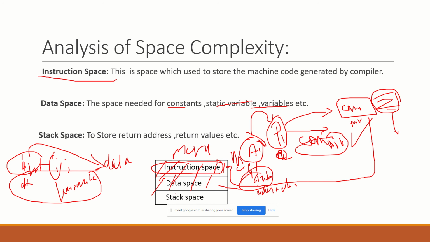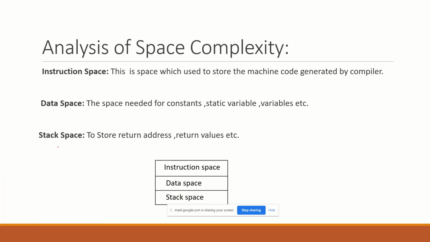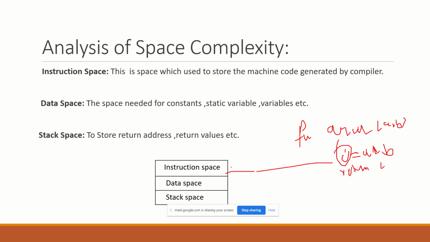Now what is the stack space, sir? We'll come to that. Stack space means, I will write one function. Area is equal to a comma b. Just say c is equal to a into b. Now return c. Now c is a variable, no?